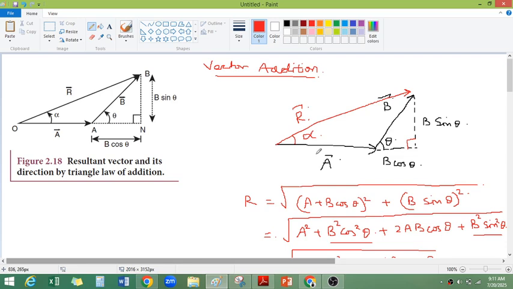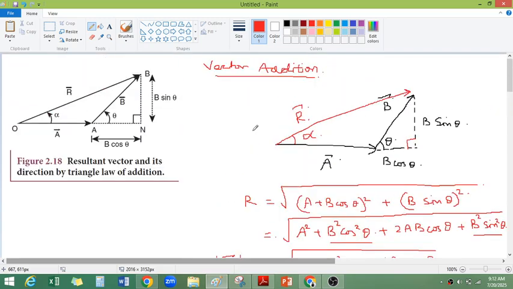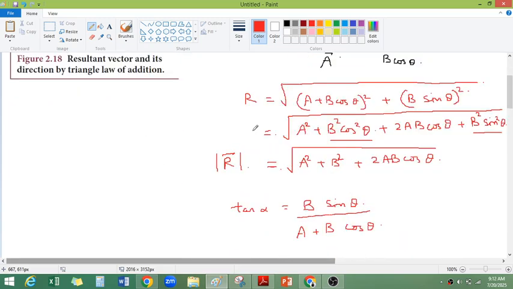Okay, that's all. So this gives you the direction. This gives you the magnitude. So if you want, you can write it like this: resultant magnitude. So that is about vector addition.